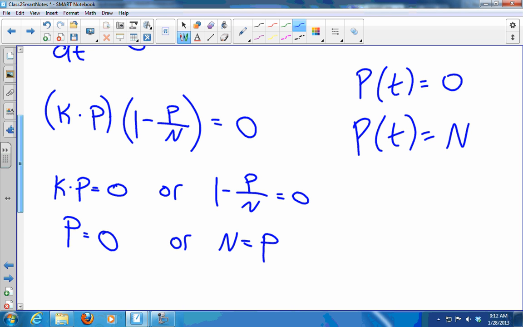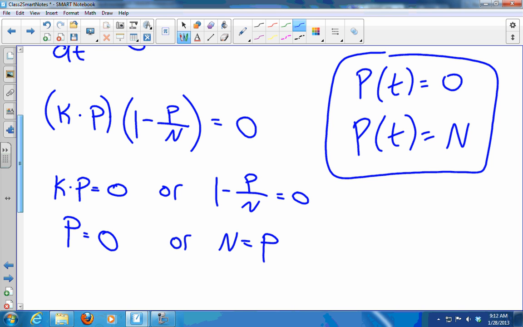And if your population is exactly at the carrying capacity, it's not going to grow because you can't support any more, but it's not going to decrease because the population is reproducing. So these are our two constant or equilibrium solutions: P of t equals 0 and P of t equals N.